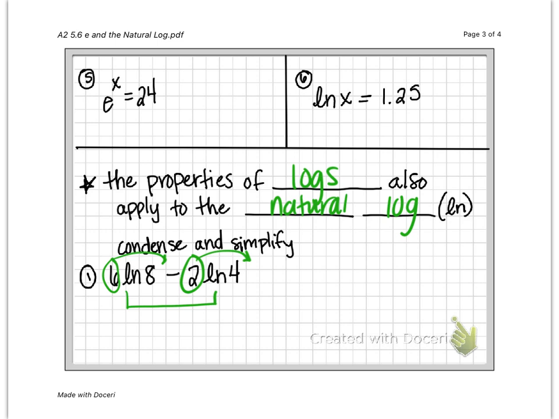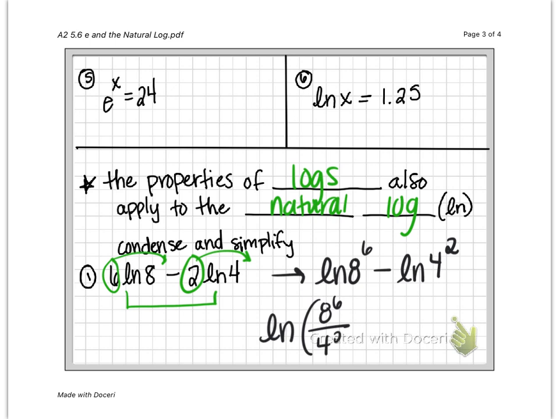First, the 6 is going to be an exponent of the 8. So this will be ln 8 to the 6th minus ln 4 squared. And then, because it is subtraction, we're going to rewrite the argument as division. Natural log of 8 to the 6th over 4 squared.